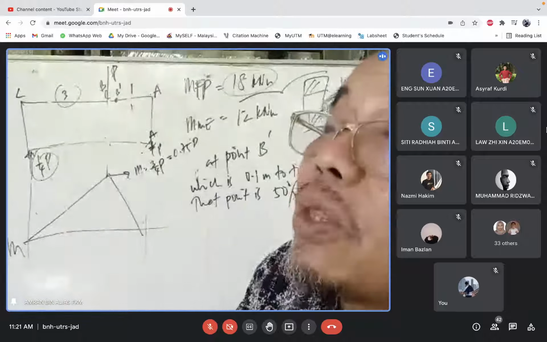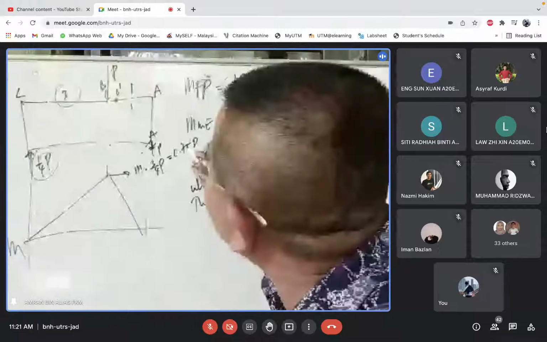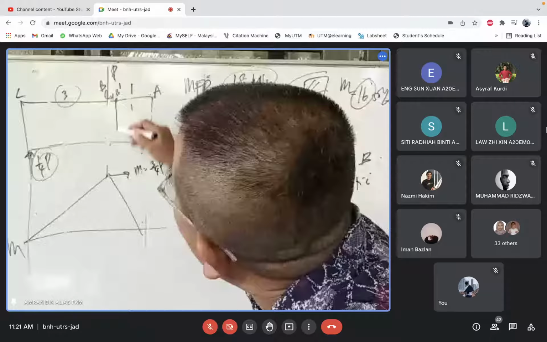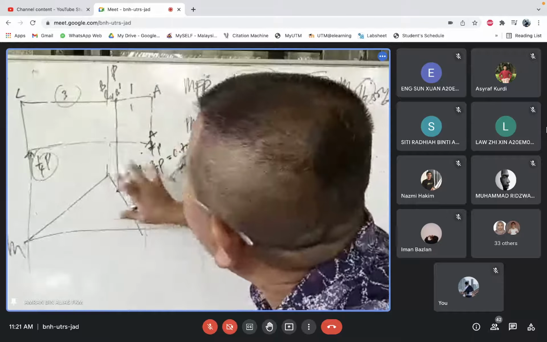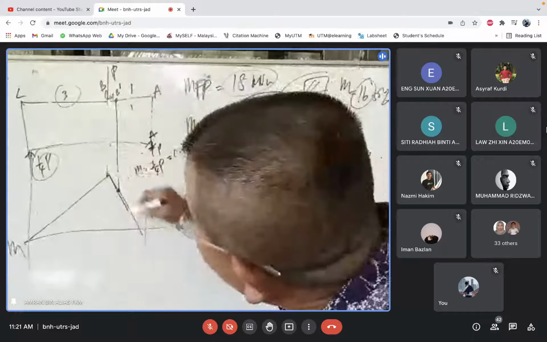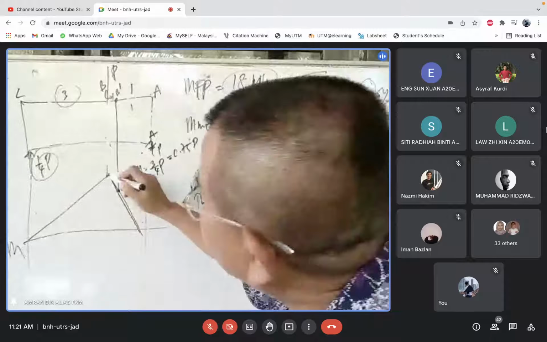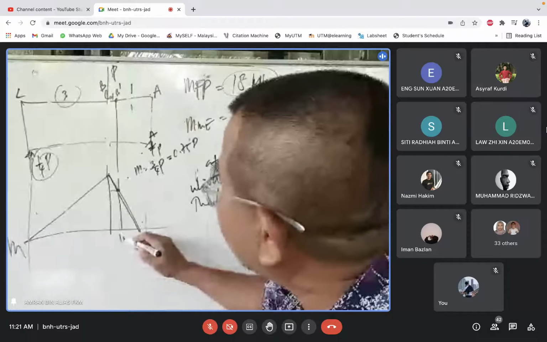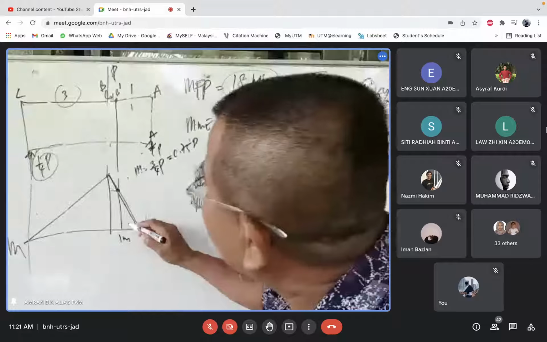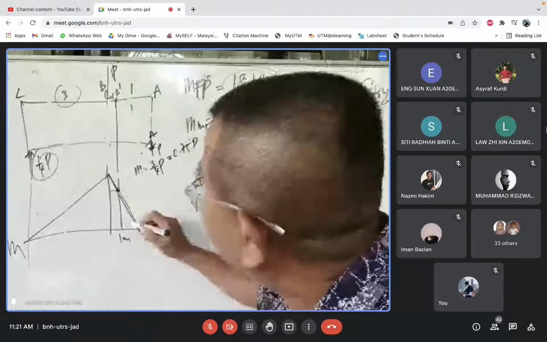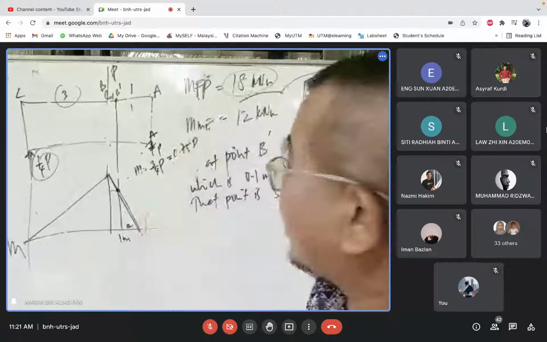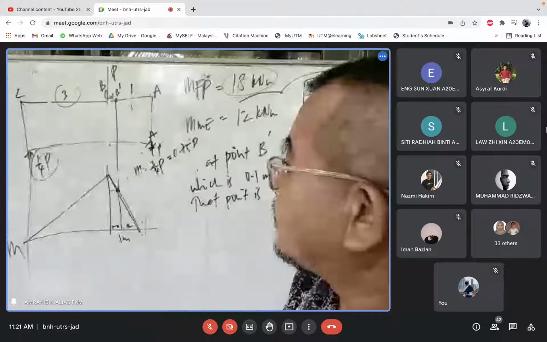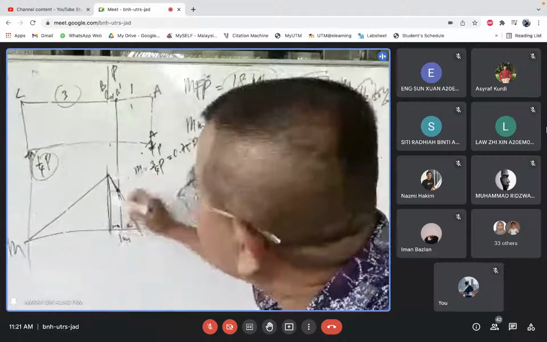Your thinking will be talking to yourself. That is 0.5. A distance of 0.1 from here is that value. Can I, because this is a straight line? It's 1 meter there. I don't know this value, but I can put A. This is 1 minus A. I know this height, which in terms of P is 0.75P.